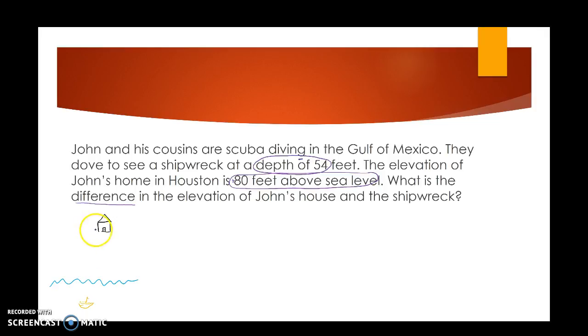So here we are. We have our shipwreck and our house. So our shipwreck is at negative 54, right? Because it's below the water. And then we have 80 feet above the water. And it's asking for this difference. So essentially the water line is 0 on our number line, right?